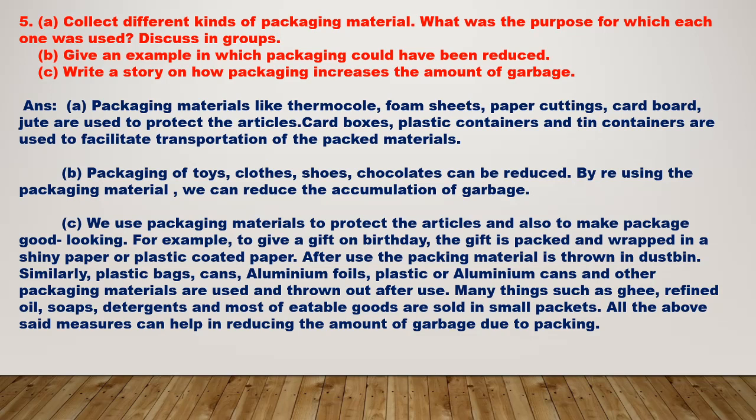Or by reusing the packaging material: when the packaging material used for one item has reached its destination, it could be reused for transporting or packaging other material. By constantly reusing, we are reducing the accumulation of garbage. So this is a way by which we can reduce the accumulation of garbage.